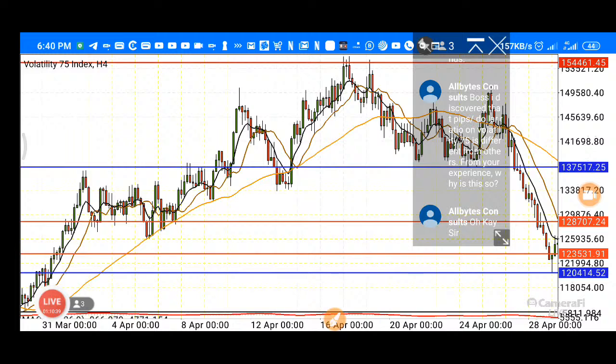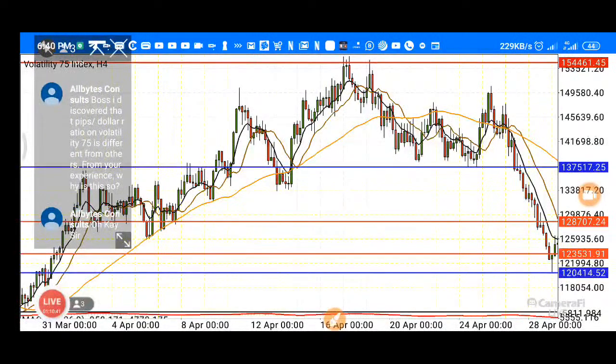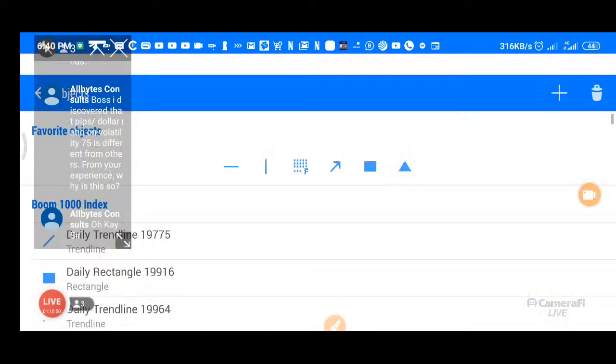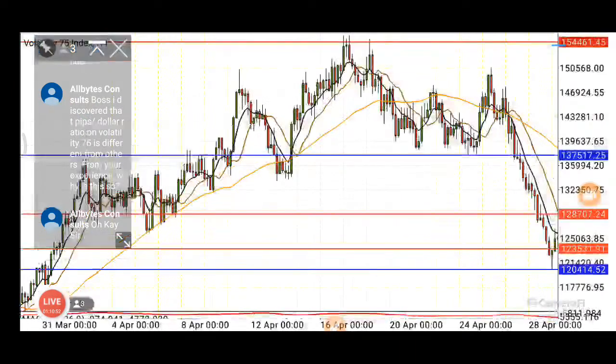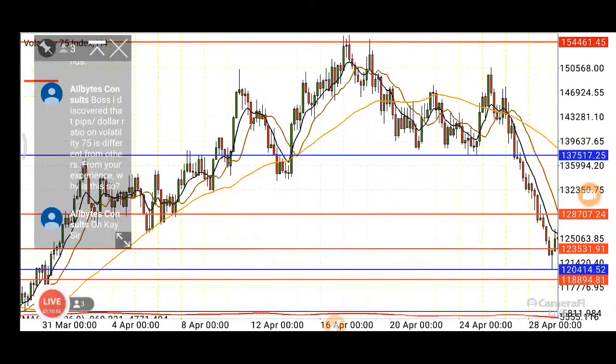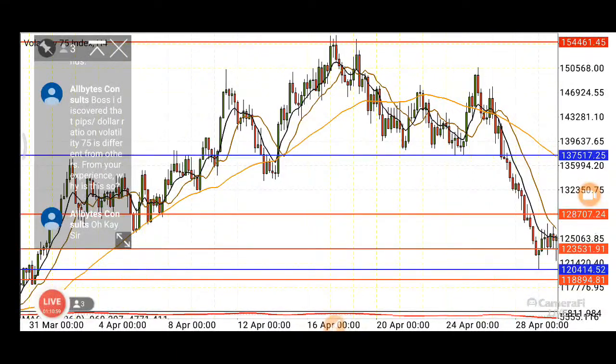So that's a good level for TP. Our stop loss will be below here. Yeah, so let's see what will happen.